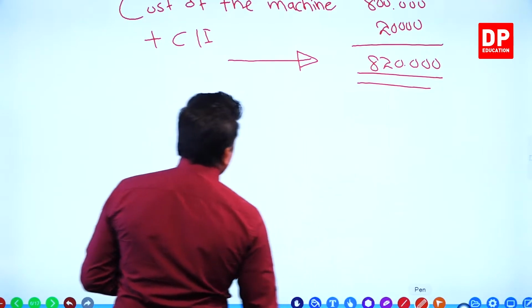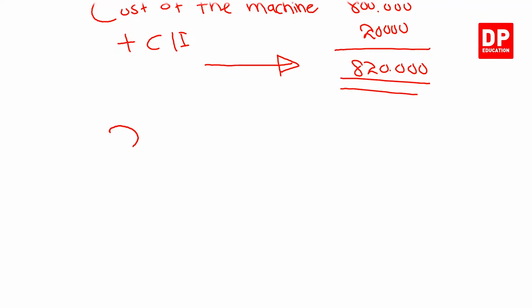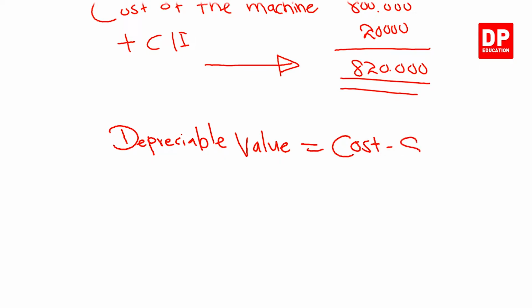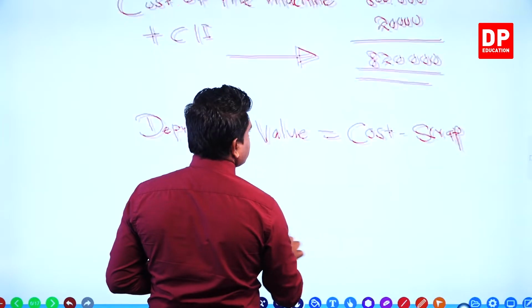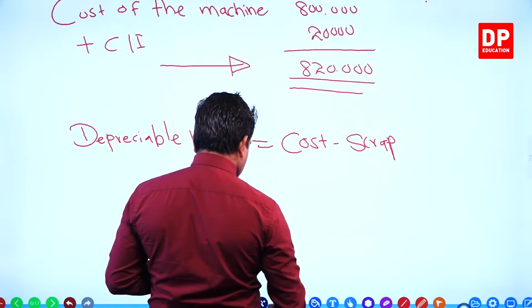You write the formula first: depreciable value equals cost minus scrap value. Scrap value means residual value.